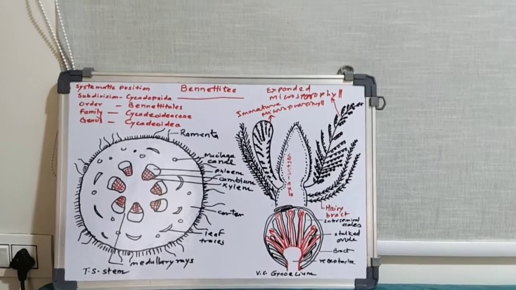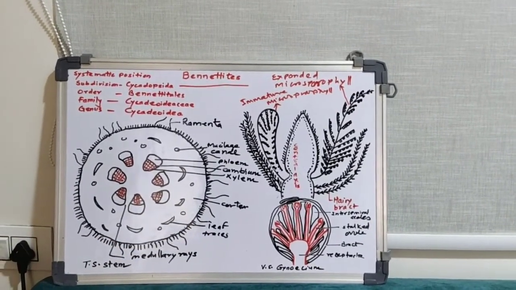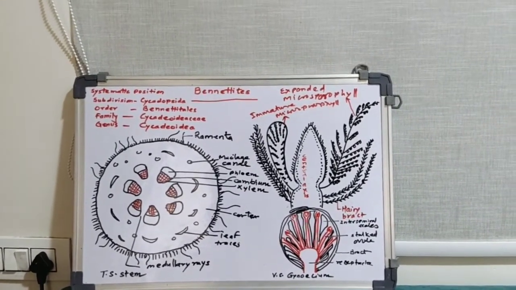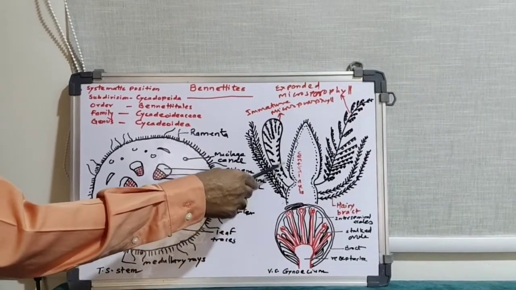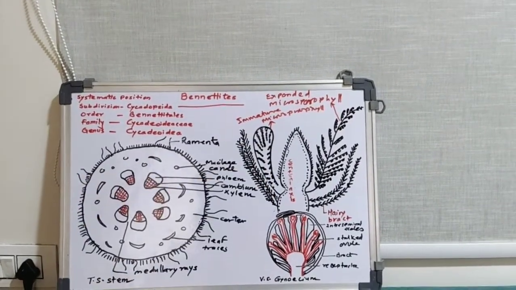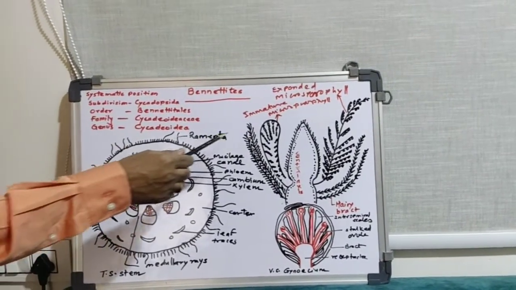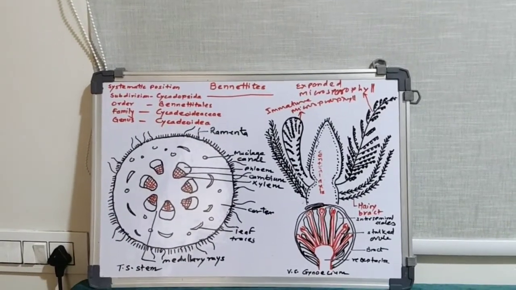Now about the female part. The female part may be called the gynoecium, that is, the megasporophyll. The megasporophylls were present on this central axis because this was a bisexual flower, therefore both the male and the female parts were present on the same flower.